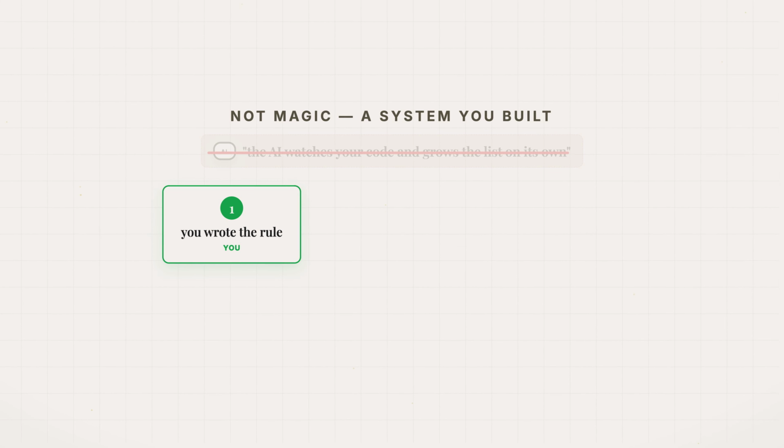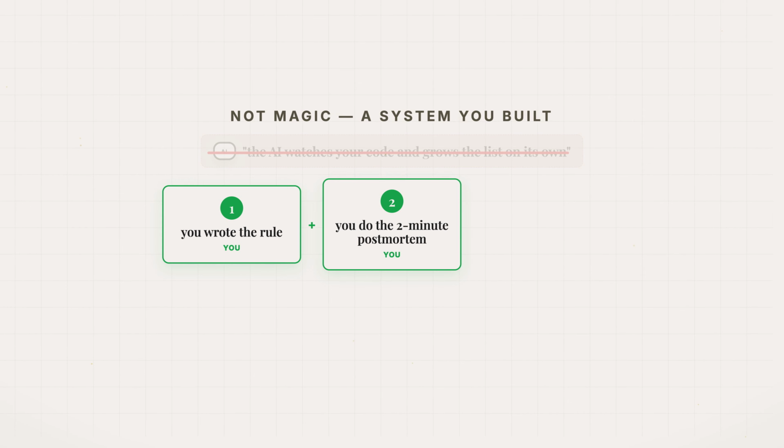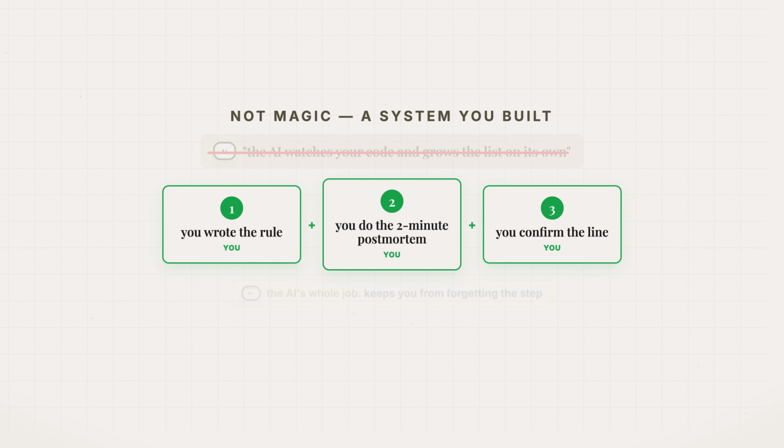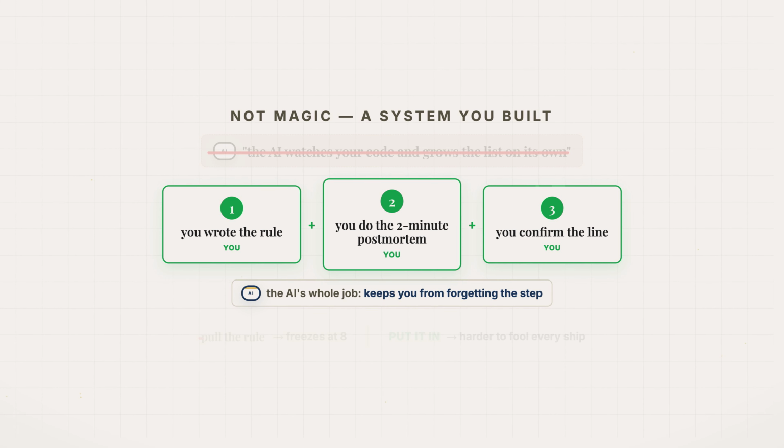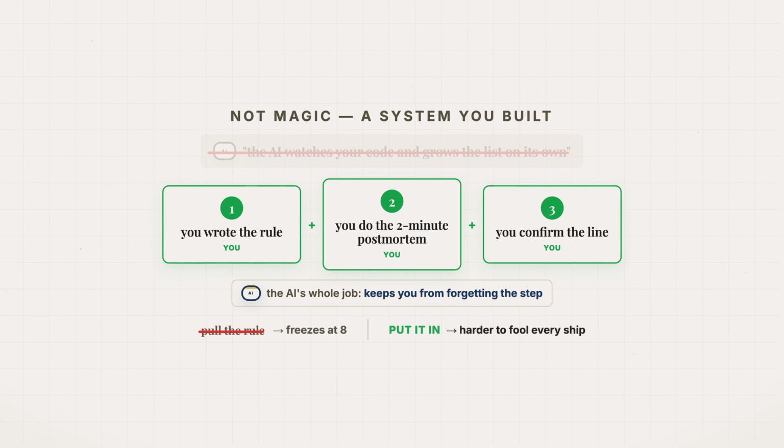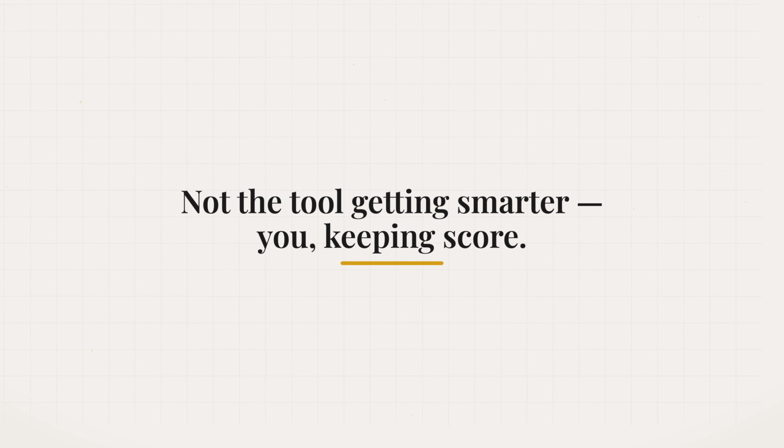The AI's whole job here is to not let you forget the step, to surface the question at the right moment and draft the line for you to approve. That's it. Rules plus a little discipline. The same engine as everything else in this method. Take the rule out and the checklist freezes at 8 lines and you relearn every bug forever. Put it in and the project gets harder to fool every time something slips through. Not because the tool got smarter, but because you set it up to keep score.